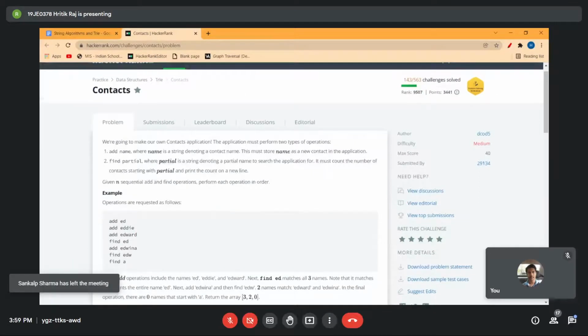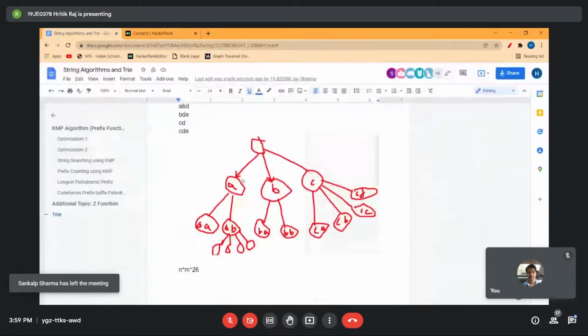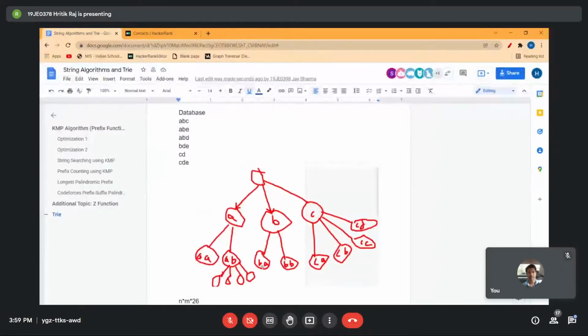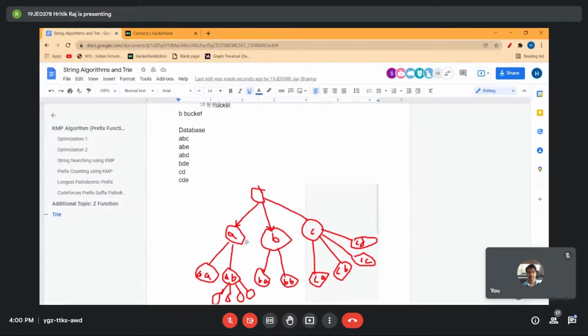Like in the trie only, if we just store how many of these occurrences there have been, for a, that would be just the subtree count, isn't it? For a, the count of all the nodes present below it will be the number of strings which have the prefix a.